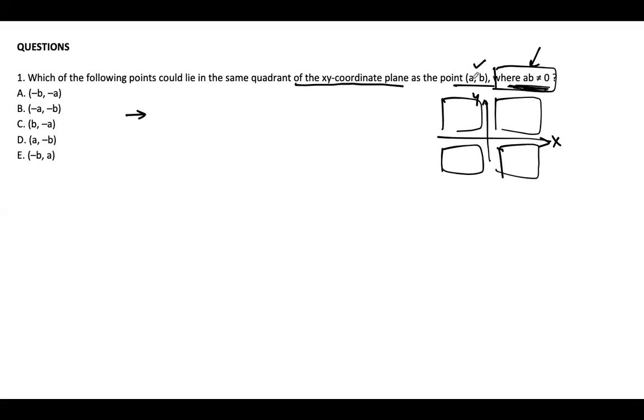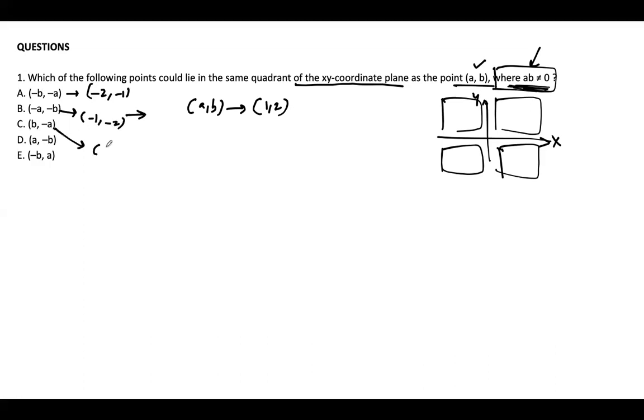If you were to assume some value of A, B, let's assume a simple value. 1, 2. You can assume -1, -2. You can assume 1, -2, whatever you wish to assume. So what will be -B, -A? -2 and -1. What will be -A, -B? -1, -2.